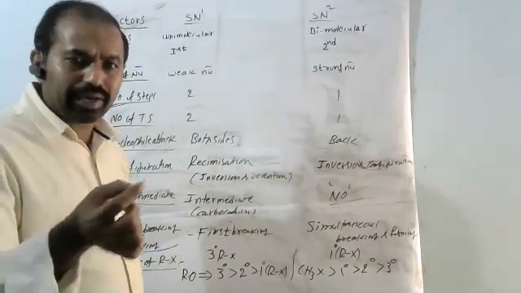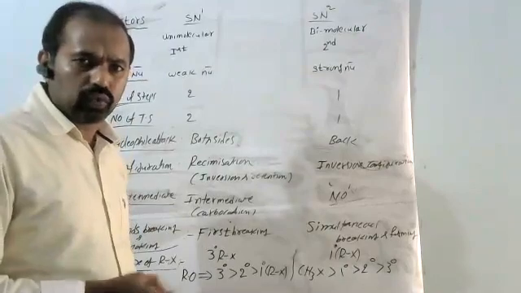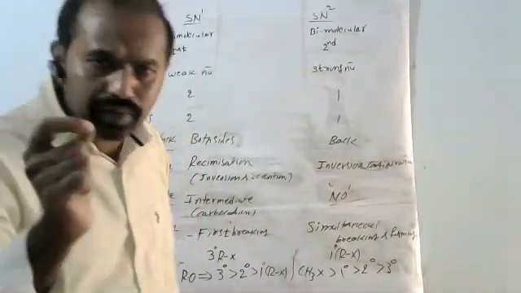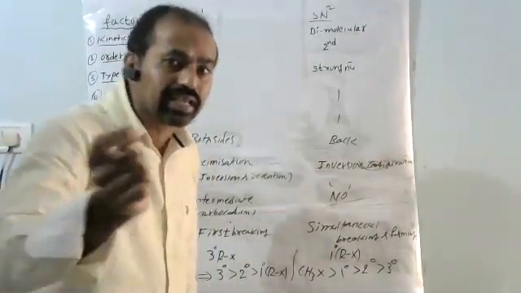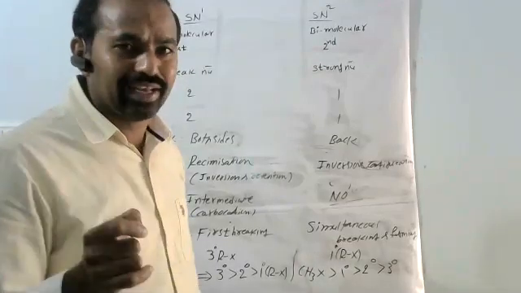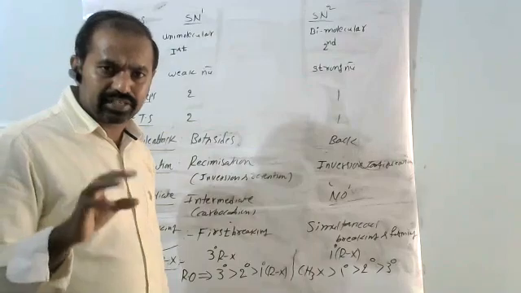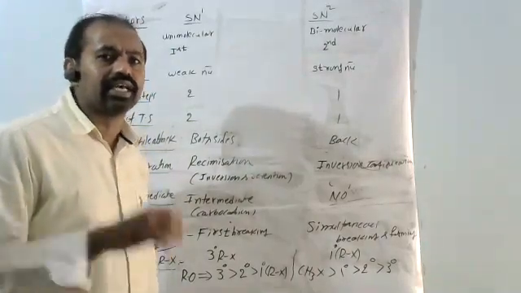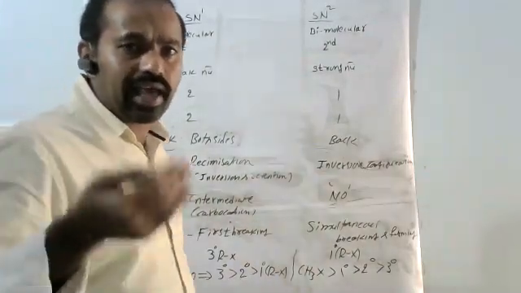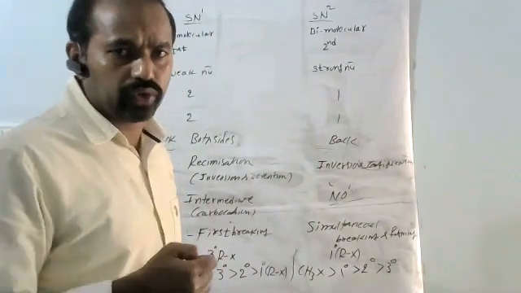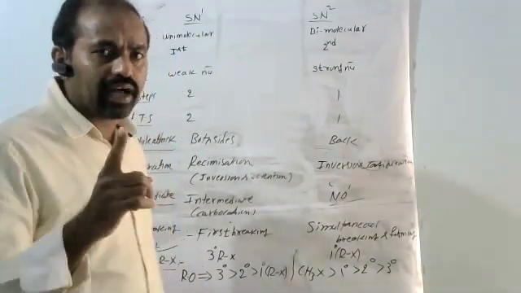In the SN2 reaction, the rate is directly proportional to the concentration of the reactant as well as the concentration of the nucleophile. It depends on both concentrations, nucleophile concentration and alkyl halide concentration. That is the SN2.